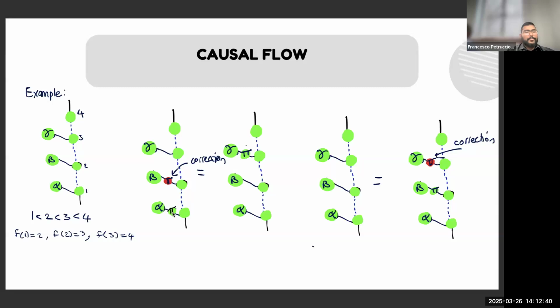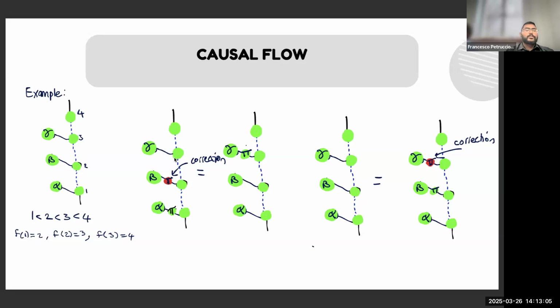Suppose I got an extra pi phase on the alpha measurement, then to correct it, I put a red pi phase on the beta measurement. And when we actually do this correction, we slide the red pi phase on beta to its 2 neighbors. It cancels out with the extra pi phase on the alpha measurement, or the alpha spider. And it also goes to its other neighbor, namely the gamma measurement.